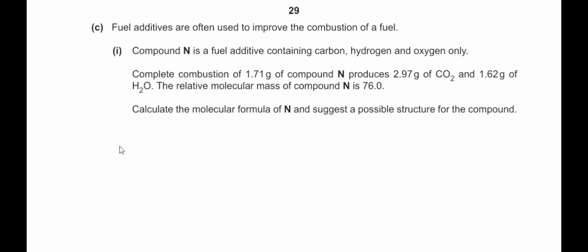At the start, let's write out a simple equation for the combustion of this compound. So the compound, let's name it as N itself, N plus oxygen, complete combustion, gives CO2 plus water.